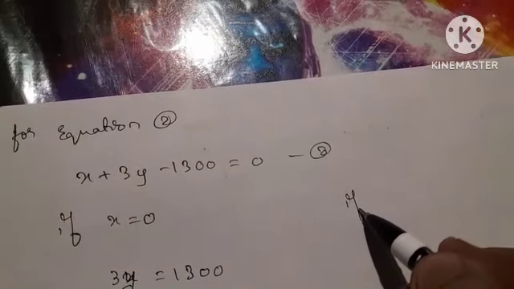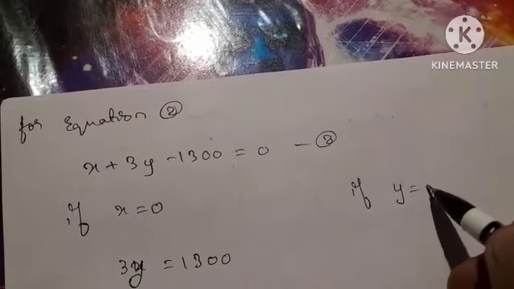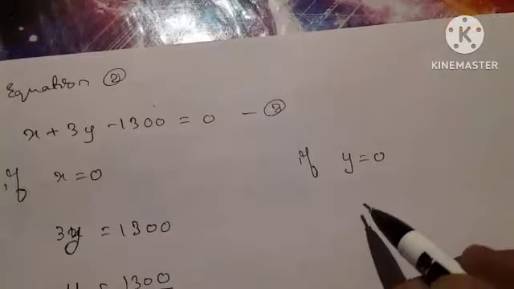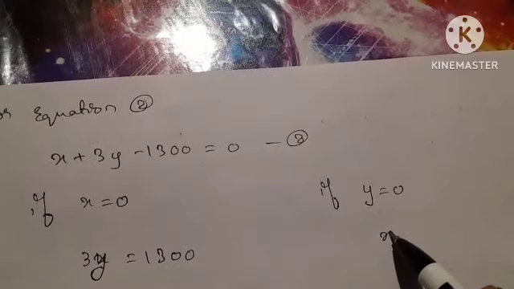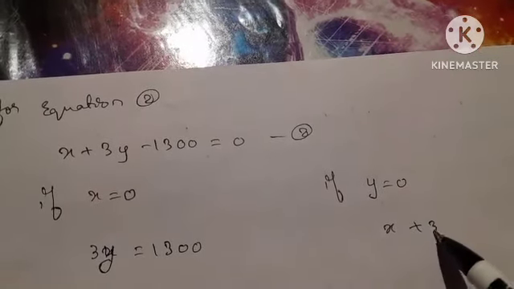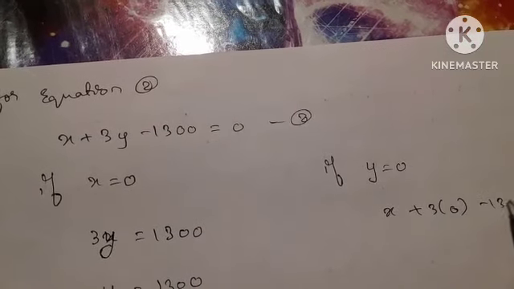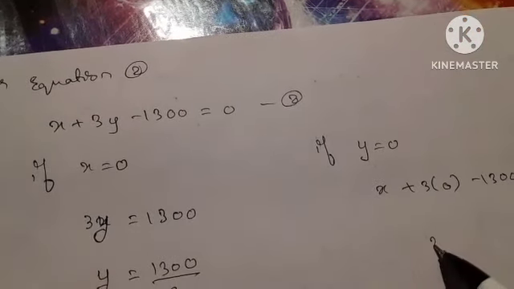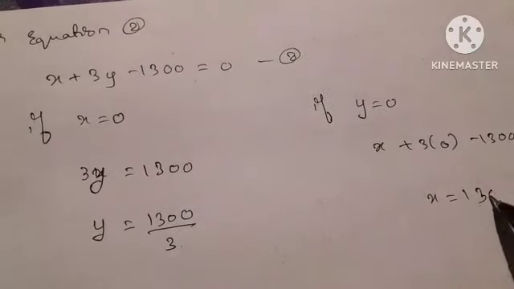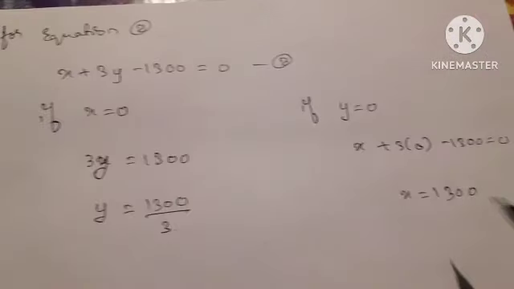Similarly, if y equal to 0, then x plus 3 into 0 minus 1300 equal to 0. So x will be equal to 1300.